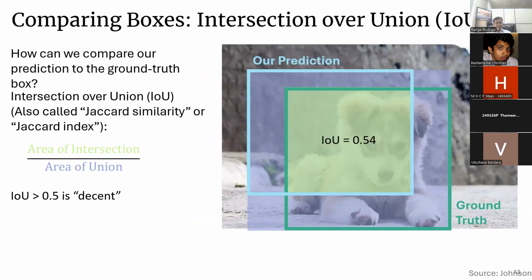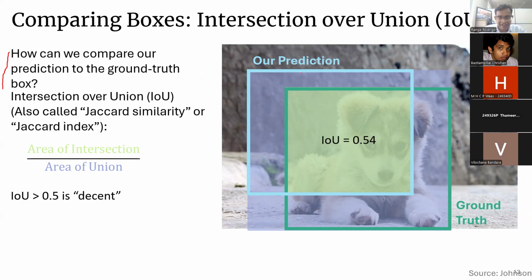Now, let's try to understand how we compare these boxes. We compare these boxes using intersection over union. You will see the value of this shortly. How can we compare our prediction to ground truth boxes? Intersection over union, or Jaccard similarity or Jaccard index, can be used.